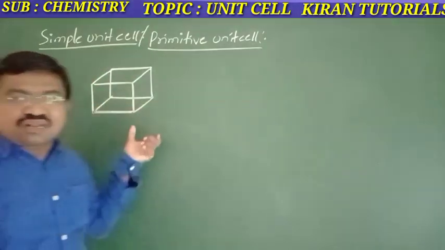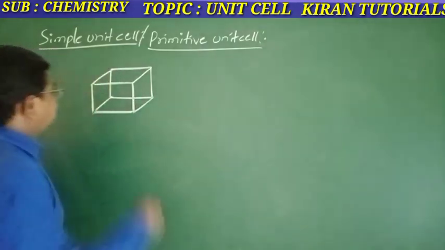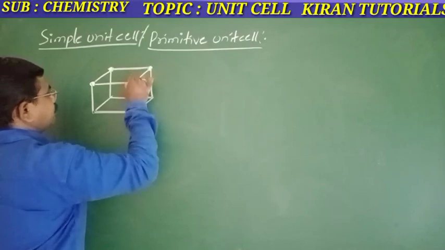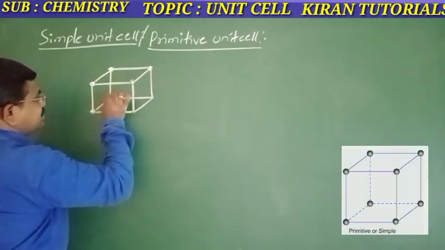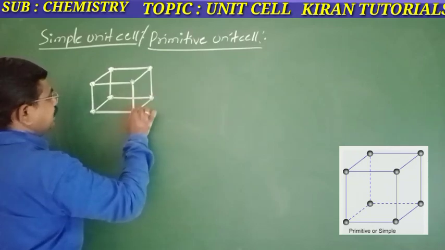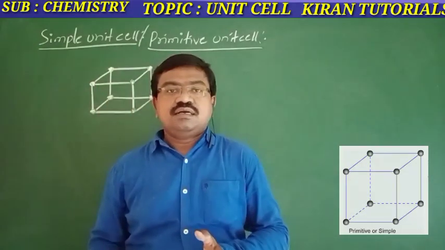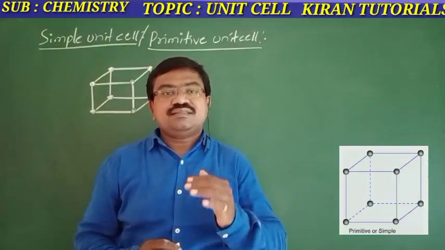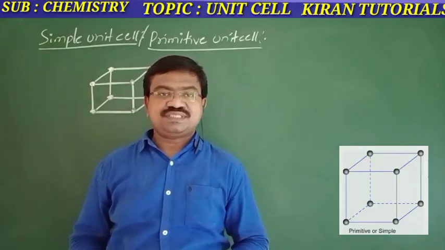Here the atoms are arranged at the corners of the cube. See, corner 1, 2, 3, 4, 5, 6, 7, 8. These are the corners. At the corners the atoms are present, and that is called a primitive unit cell.